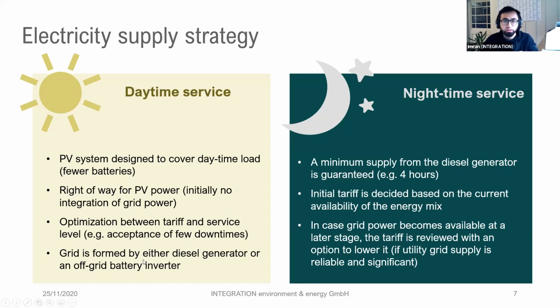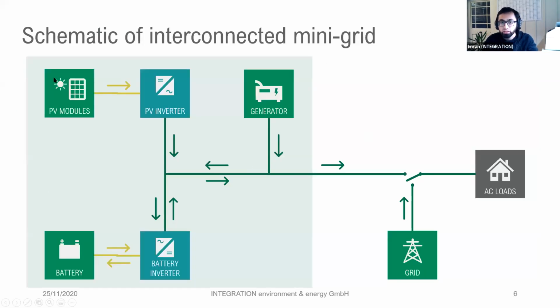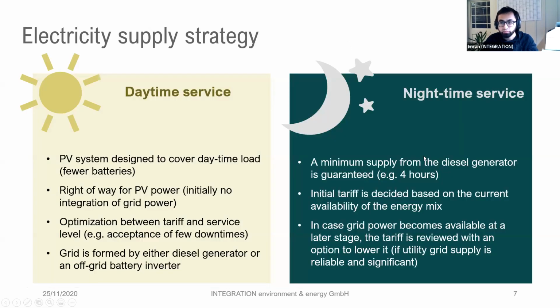The grid in this case, I'm sure my colleague Ivan is also going to talk about it, whenever it is working only with the mini grid, the system is being operated as a mini grid and is being formed primarily by the PV inverter, or in case when the PV is not operating, even a generator can also form the grid and supply electricity. So it's a very robust system, depending on what is the requirement and what makes sense financially as well.